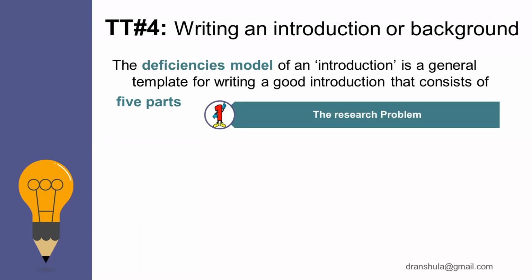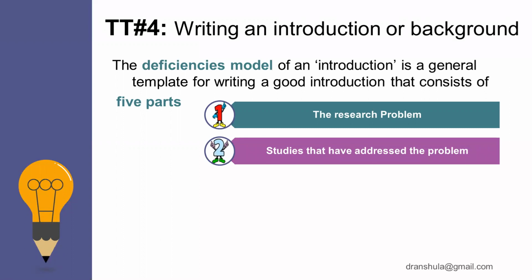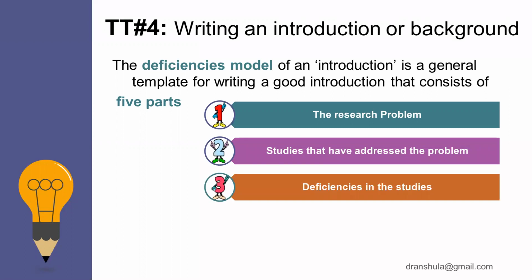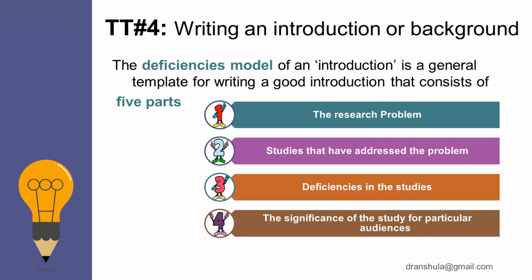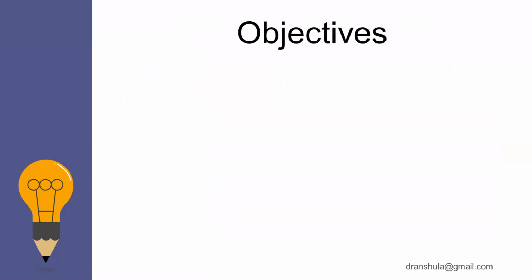The first one being the research problem. Second is studies that have addressed the problem. Third is deficiencies in those studies which try to address those problems. And the fourth is the significance of the study for particular audiences. And fifth being the purpose statement, which is actually the aim of your research work.